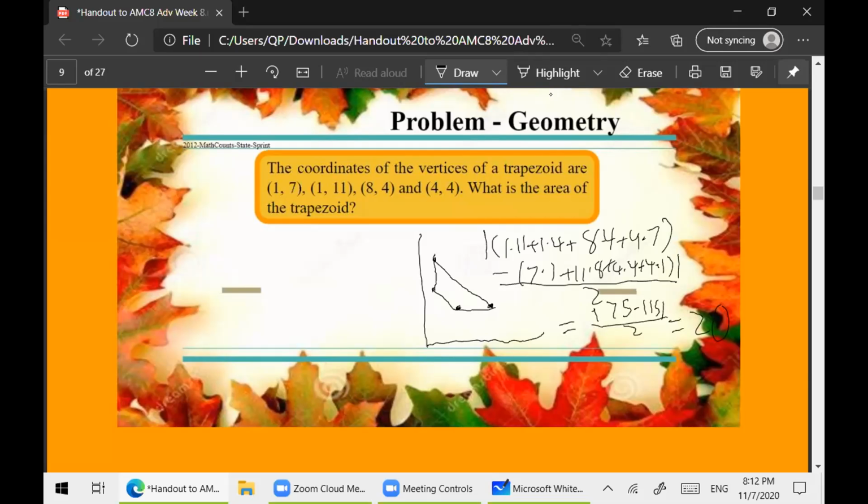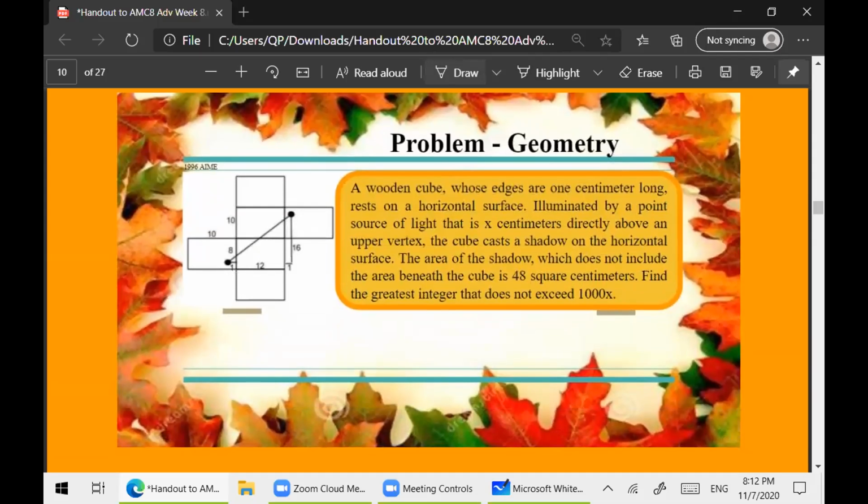And another way you could do this is you could turn it into a right triangle minus another right triangle. Alright, and here's another problem.